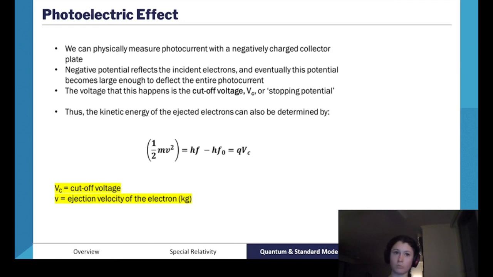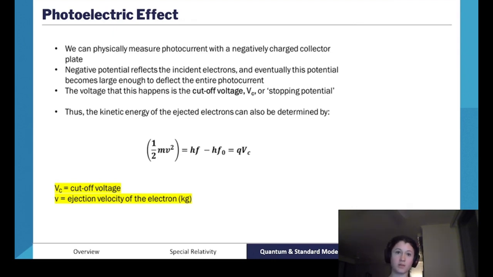The negative potential actually reflects the incident electrons, and eventually this potential becomes large enough to deflect the entire photocurrent, right? So the voltage at which this happens is called the cutoff voltage or the stopping potential.